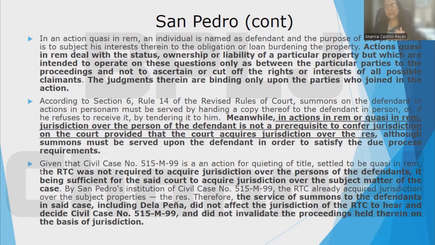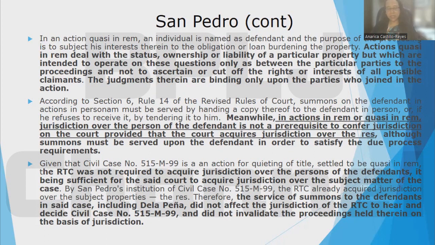In actions in rem or quasi in rem, jurisdiction over the person of the defendant is not a prerequisite to confer jurisdiction on the court, provided that the court acquires jurisdiction over the res. Summons must be served on the defendant in order to satisfy due process requirements.